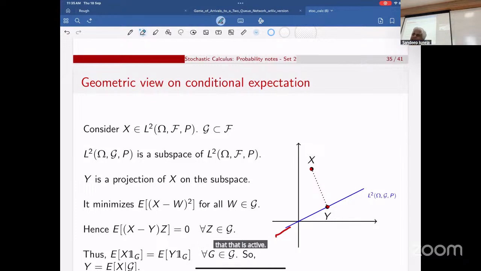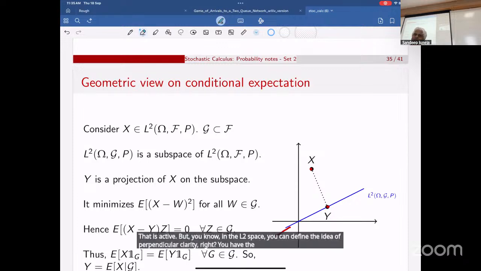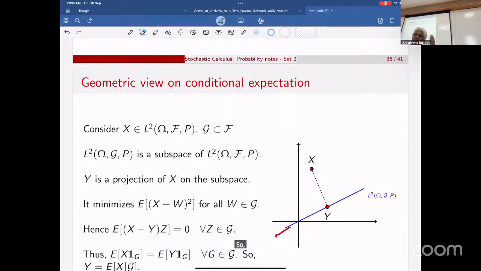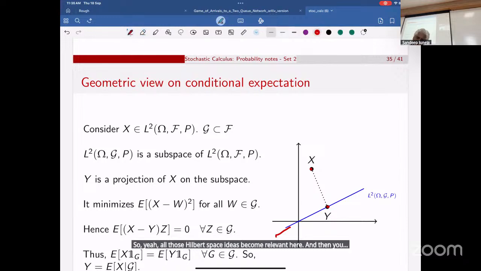But in the L2 space, you can define the idea of perpendicularity, right? You have the inner product notion. So all those Hilbert space ideas become relevant here. You conclude it's a complete space with an inner product, so it's a Hilbert space basically.